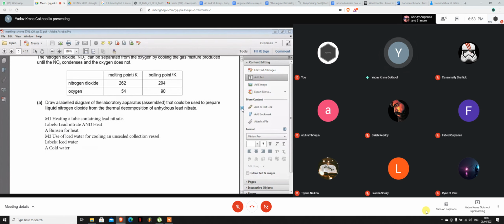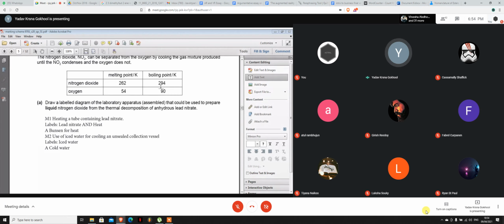Now, draw a labelled diagram to prepare liquid nitrogen dioxide from the thermal decomposition of anhydrous lead nitrate. So we have to heat the tube which contains lead nitrate. And then the nitrogen dioxide, you can see the melting point in Kelvin. Okay, this is the boiling point.